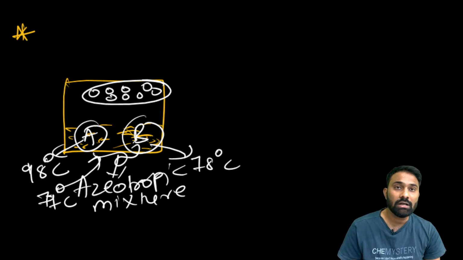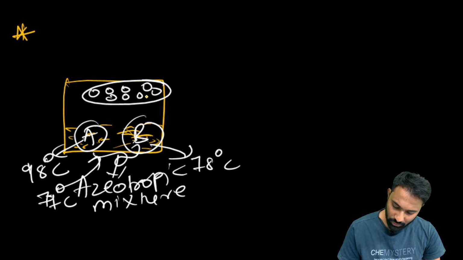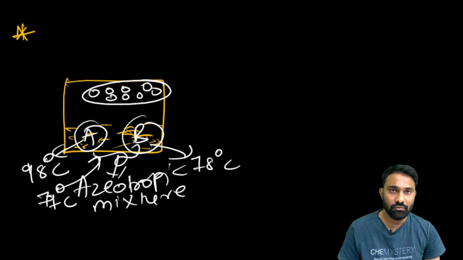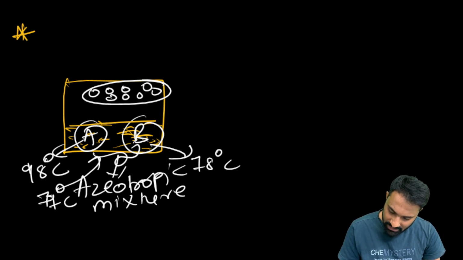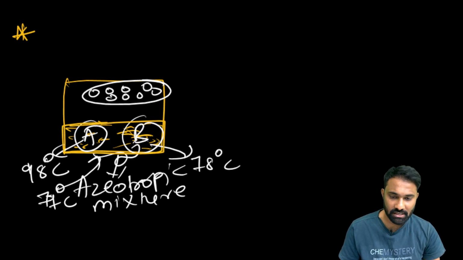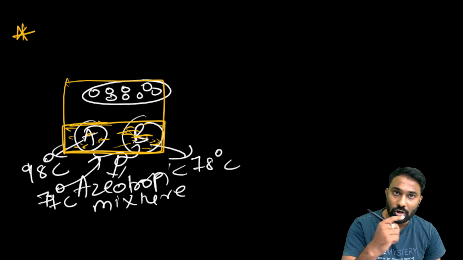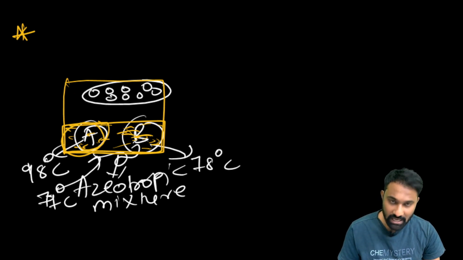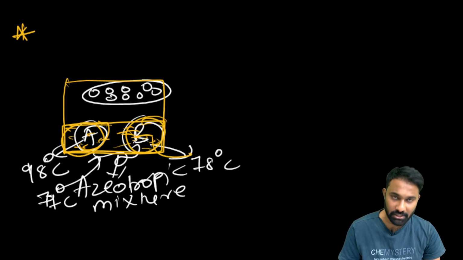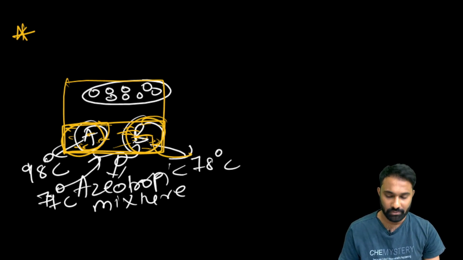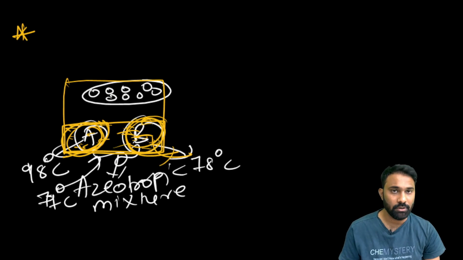But what is a very important point we are going to study here? These two have formed the azeotropic mixture, right? From this azeotropic mixture, what do you want to do? You want to separate out this A as pure and this B as pure.